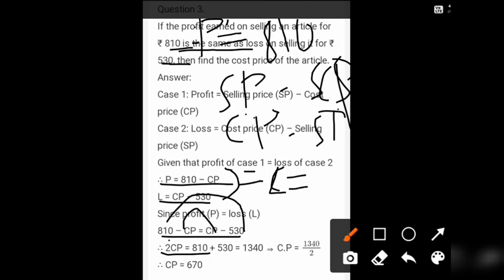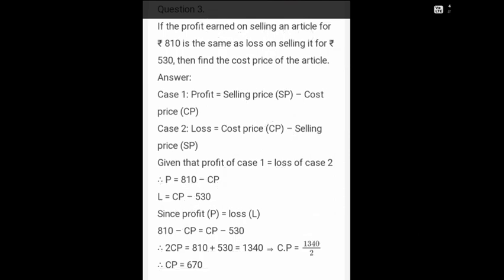So that is 810 plus 530. We get 1340. It gets divided by 2. 6 2s are 12, remainder 1, 7 2s are 14 and 0. 670. Cost price is equal to 670.